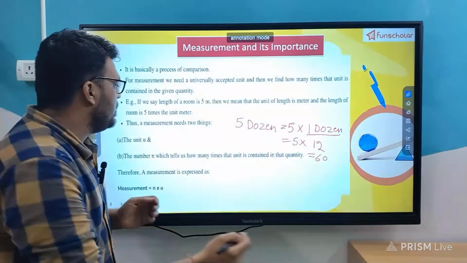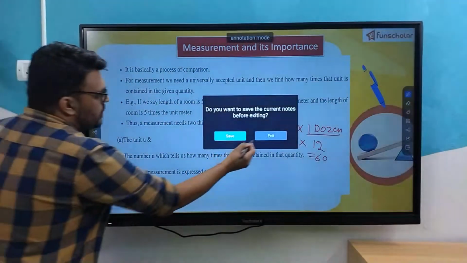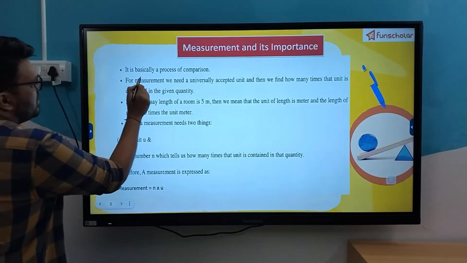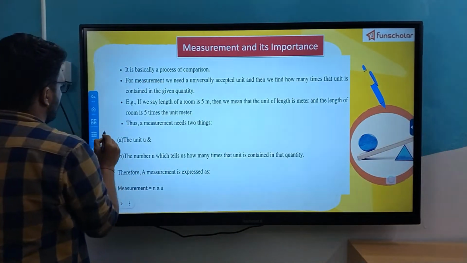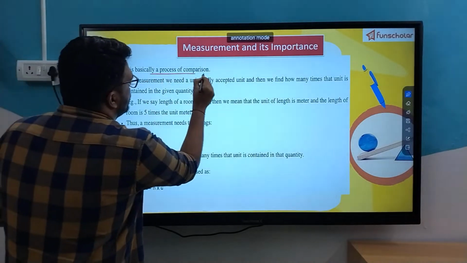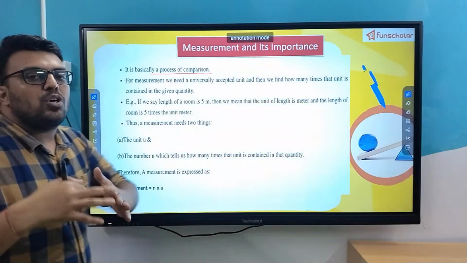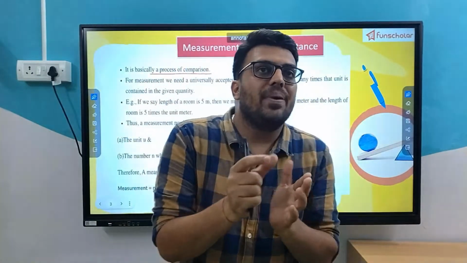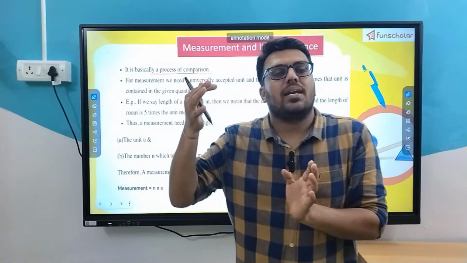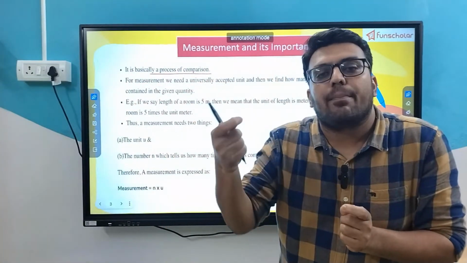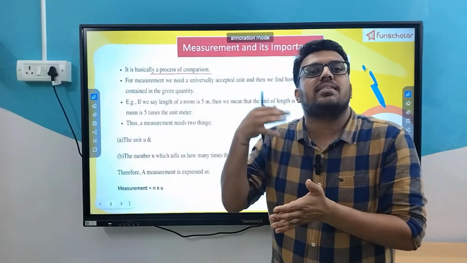So we'll look in further cases. Okay. So what we are defining here, we are saying this is basically a process of measurement. Measurement क्या है? Is a process of comparison जहां पर हम एक चीज को compare कर रहे हैं with something that is already established, a unit that is already established.